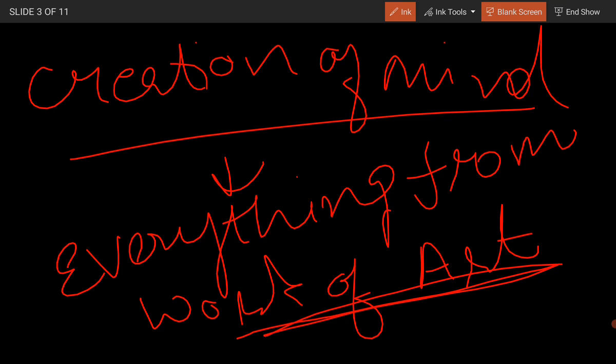Apart from works of art, we have computer programs and different types of inventions. Anything you have invented, you must have used your mind to invent it. Then there are also trademarks and other commercial signs. So this is IP.